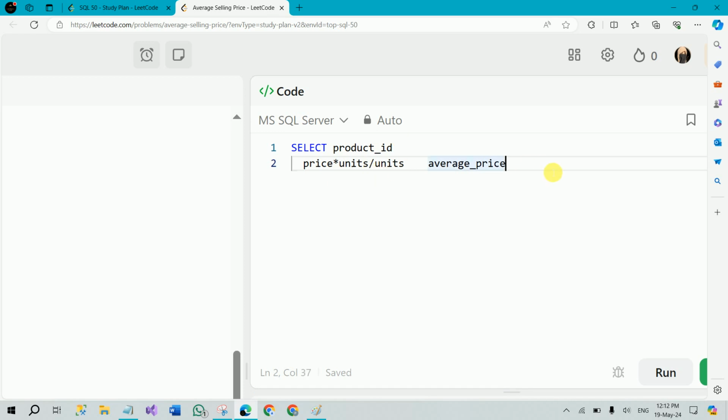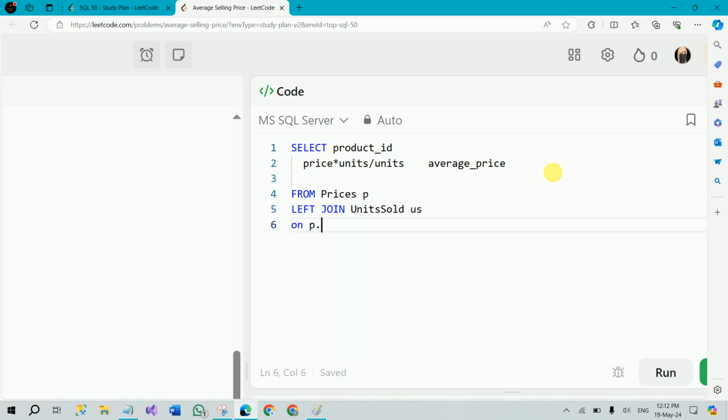Now the next thing is from which table? From prices. We will name it as P. Then we have to apply a left join on the units sold table, US. Okay, and on which?